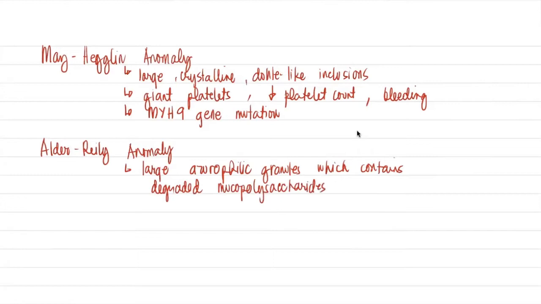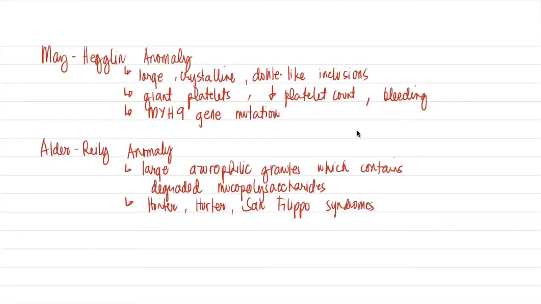This anomaly is associated with the mucopolysaccharidoses, namely Hunter, Hurler, and Sanfilippo syndrome. So take note of the large azurophilic granules for Alder-Reilly anomaly. For May-Hegglin anomaly, that is large crystalline Döhle-like inclusions.